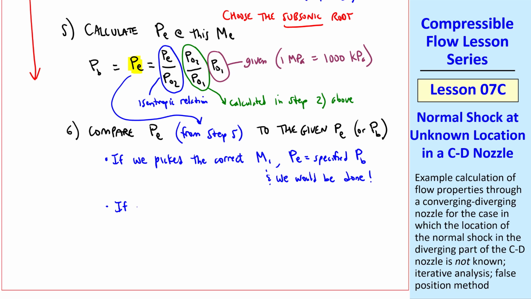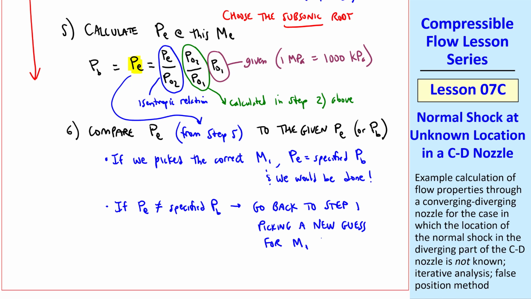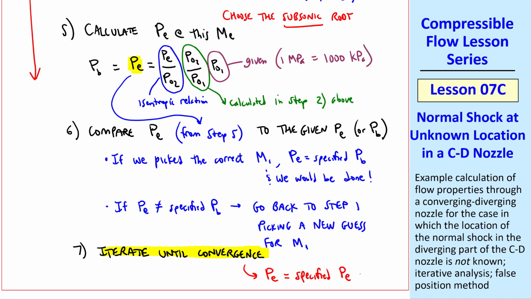So the more likely scenario is that PE is not equal to the specified back pressure. In that case, we go back to step 1 and start all over, picking a new guess for M1. In this way, we iterate until convergence, where convergence is defined as PE equal to the specified PE, or PB, the back pressure.